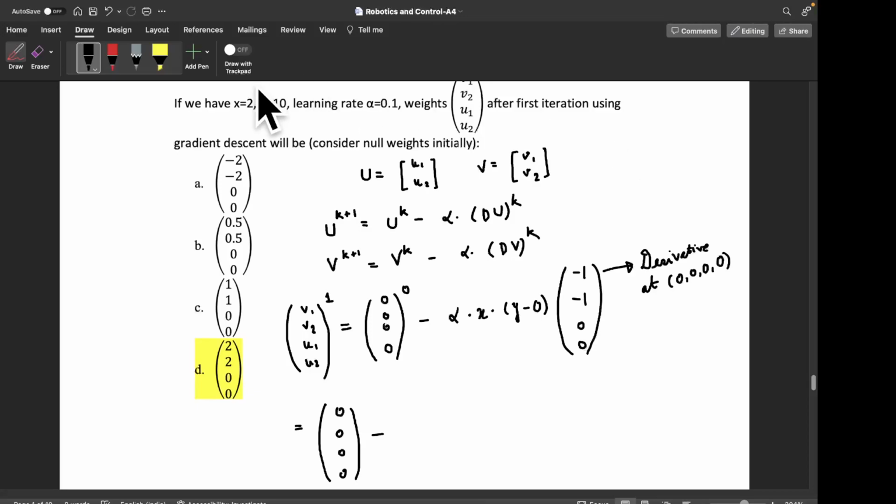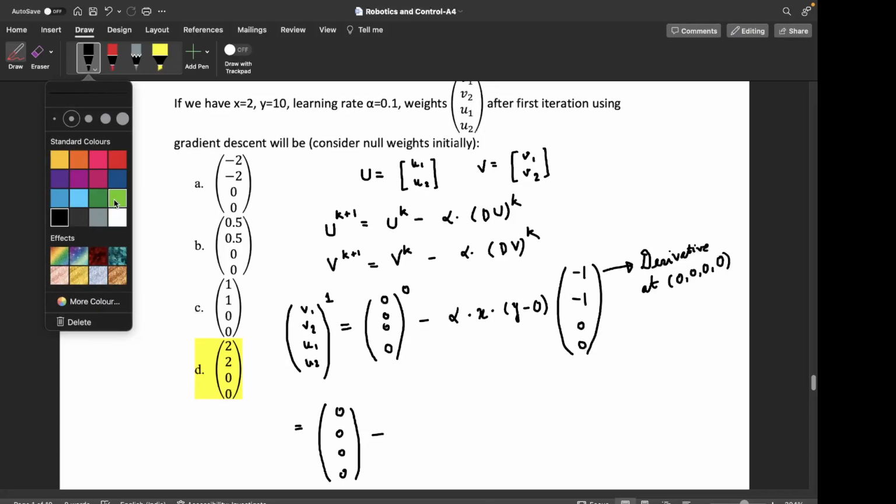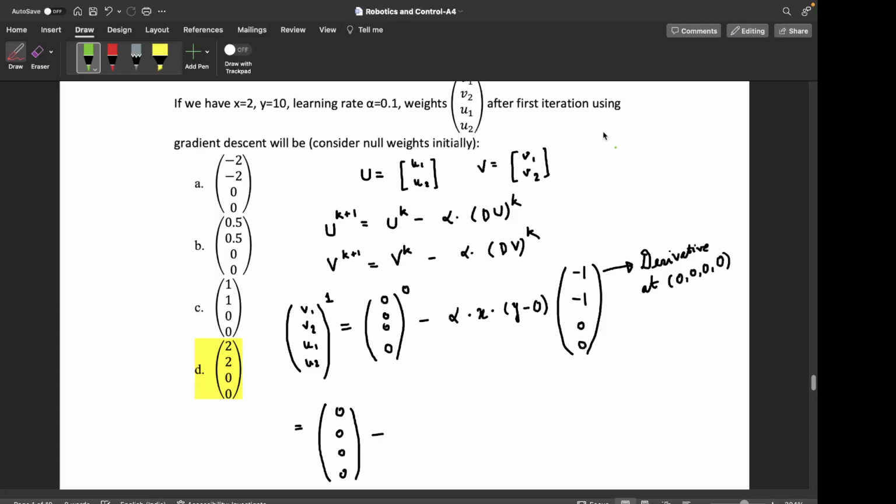Let me give an example. So let's say this is a curve, right? And you are using gradient descent to reach here. Basically you want to reach here, right? This is the optimum value. So if you are taking steps very slowly, that part is clear, you would arrive here but very slowly. If you take very long steps, then let's say you come here at the first iteration, then if alpha is large, you can overshoot and come here directly, right?